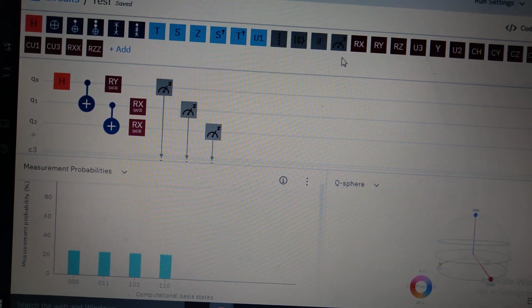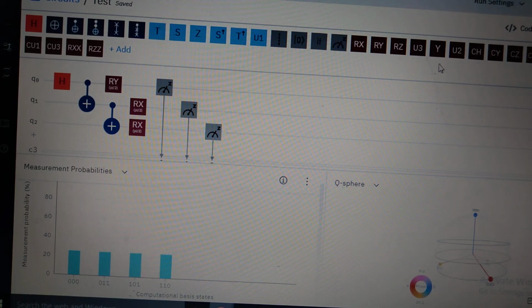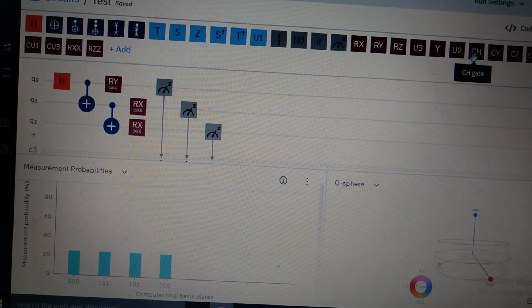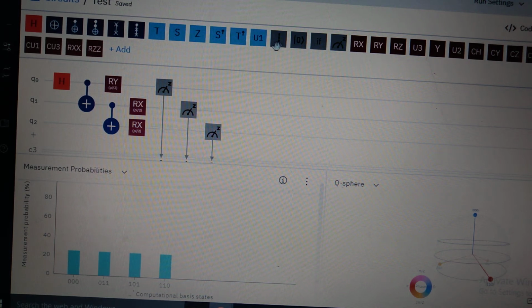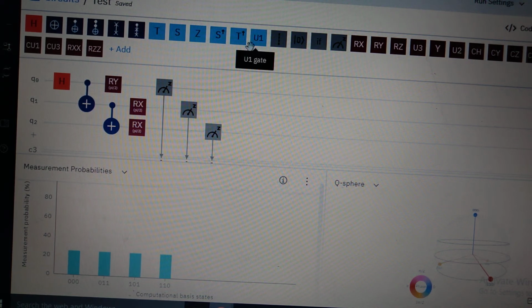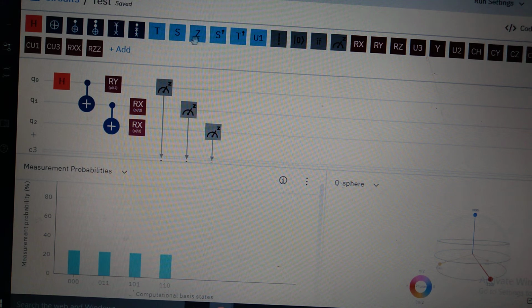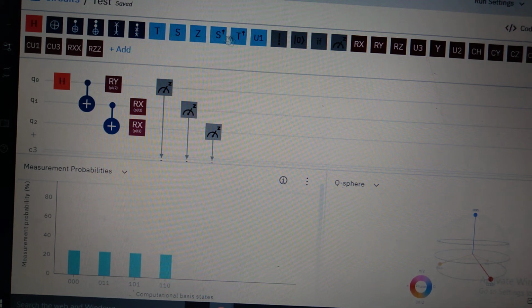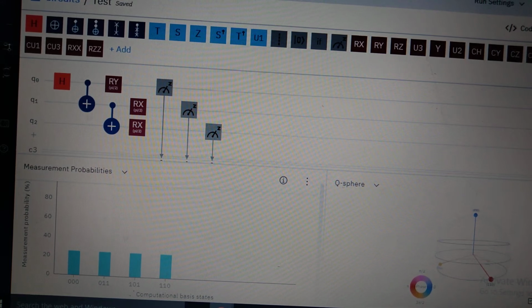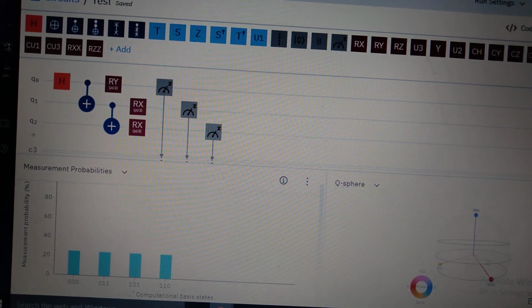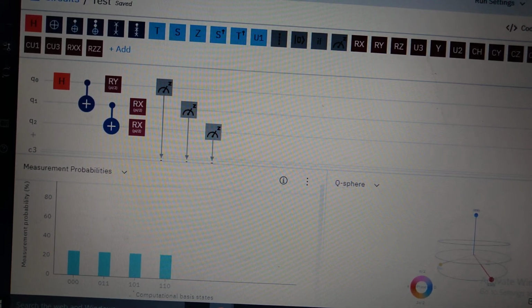Okay, so as you can see, there are more gates right here. All of these gates right here, with some exceptions, represent matrices. So these are arrays of numbers. Something that you should know while this thing is running.